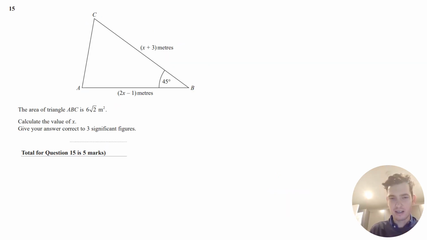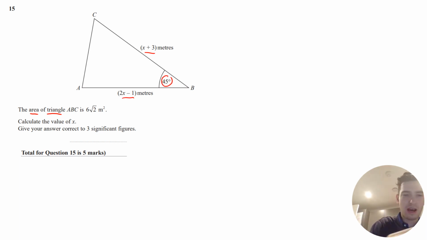Okay, next question. I can see a triangle, and it tells me that the area of triangle ABC is 6 root 2. Okay, interesting. Area of a triangle. So straight away, I can see that I've got the two sides and an angle in between.